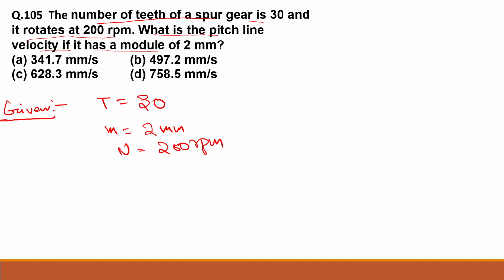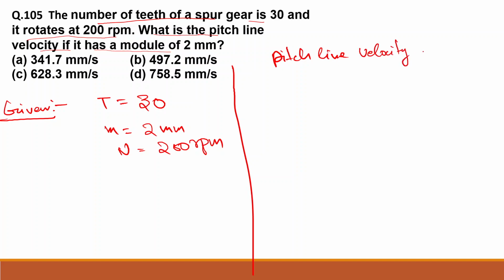Okay, first we will apply this in the question. The question asks for the pitch line velocity if it has a module of 2 mm. We have to find the pitch line velocity. So the pitch line velocity formula I will write here: pitch line velocity is equal to 2 pi N upon 60 into r.